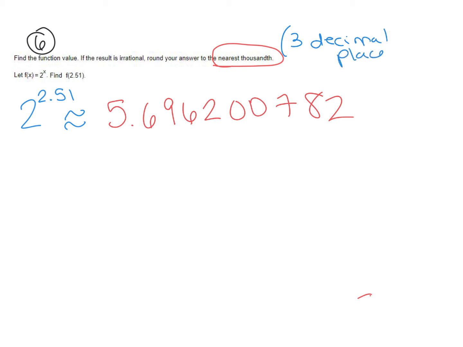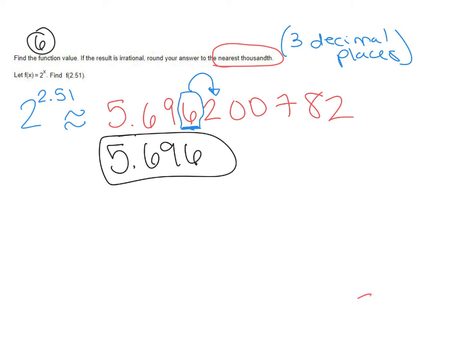So if you remember, I go to that 3rd decimal place, which is right here, and then I have to look at the neighbor to the right. If the neighbor is 5 or more, that would change it to a 7. But since it's 2, it's going to remain a 6, right? So this would be 5.696. That is how I would round it.